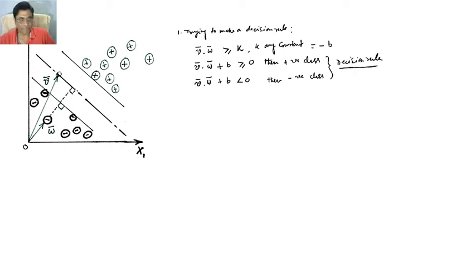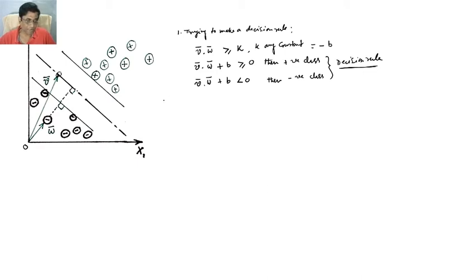The problem is we have formulated the decision rule only. We do not know yet which w or b to be chosen, and also we do not know what the constraints to be fixed are.